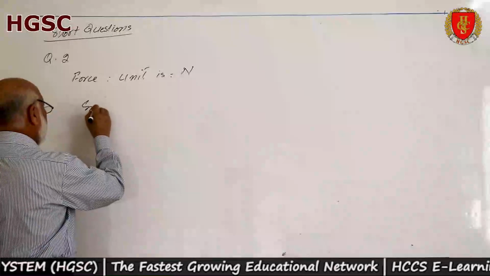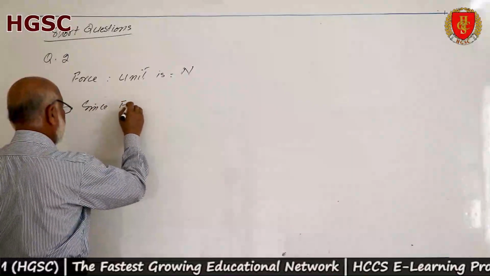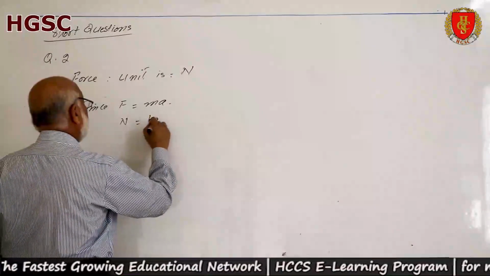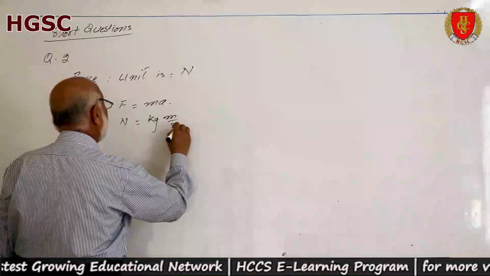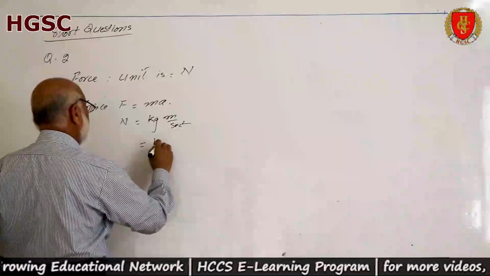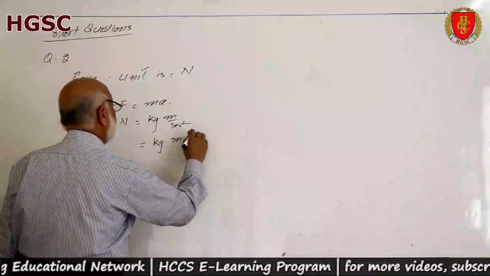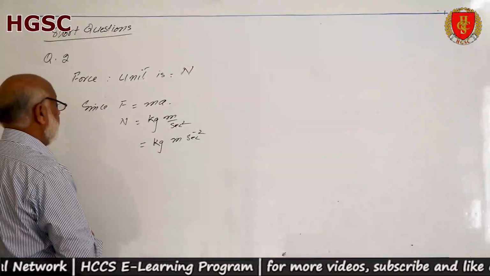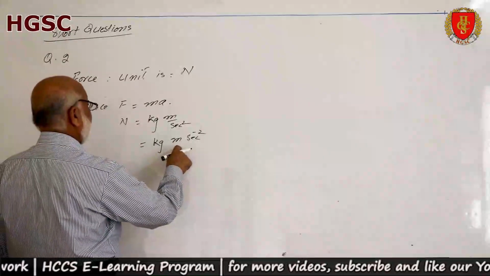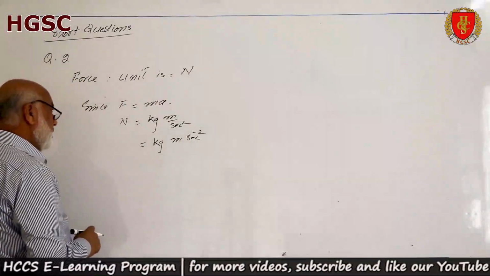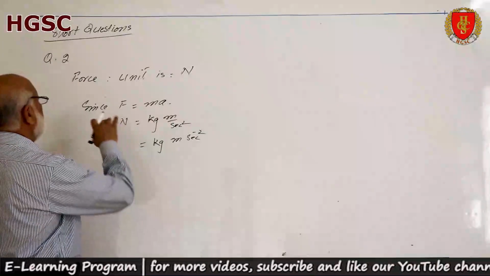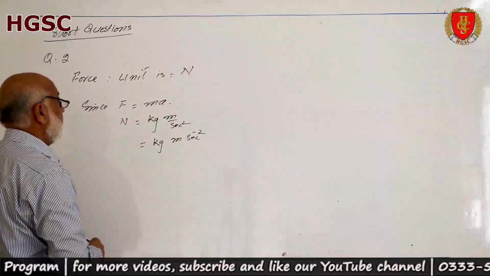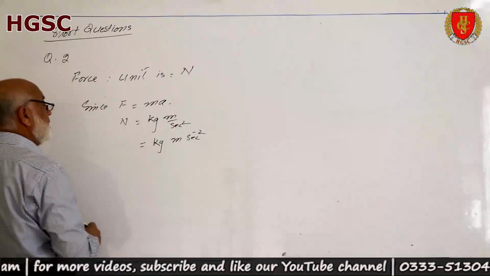Since F is equal to ma, Newton is equal to kilogram meter per second square, kilogram meter second inverse square. So Newton is the derived unit, and kilogram, meter and second are the base units, the fundamental units.